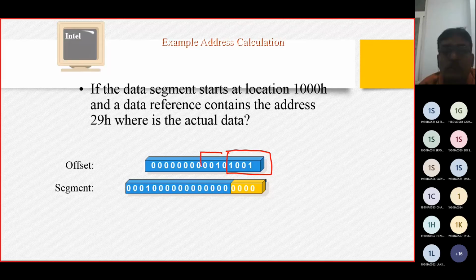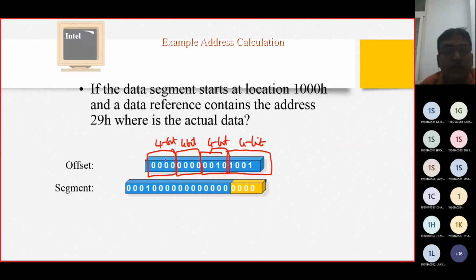Similarly, another 4 bits, next 4 bits, and next 4 bits. 4 bits, 4 bits, 4 bits, and 4 bits.